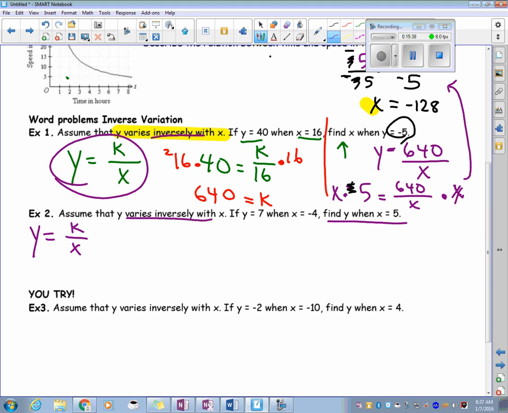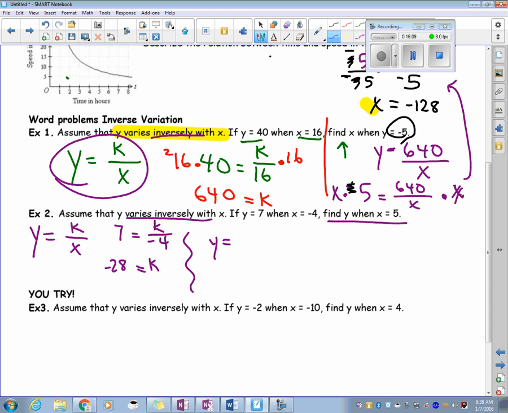Do you understand what we're doing? Okay, so in the first one, y is 7 and x is -4. So multiply both sides by -4. The constant of variation is -28. Now I'm going to use that same constant of variation, that same slope, to do this one. So I'm going to find y when x is 5.